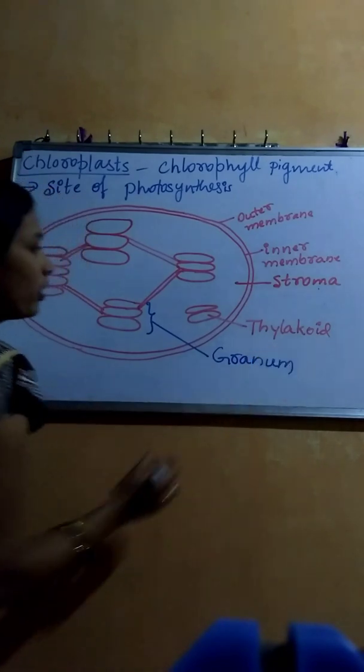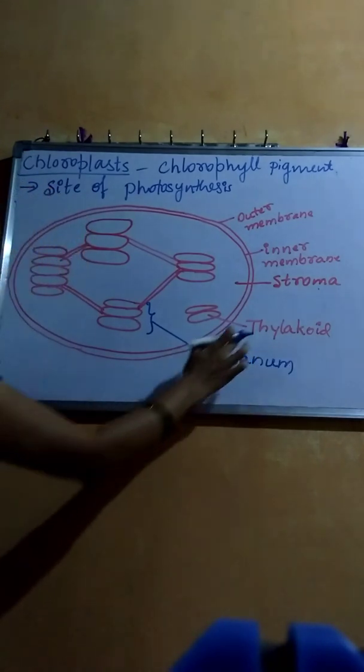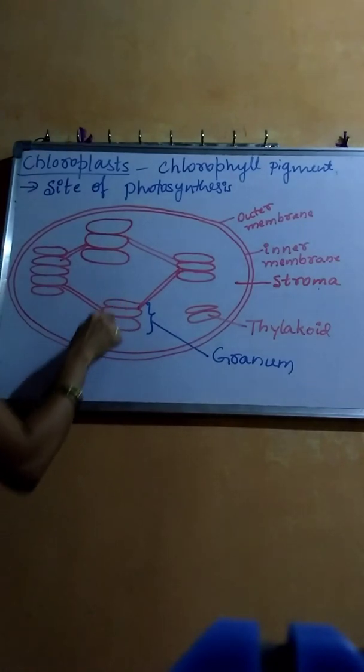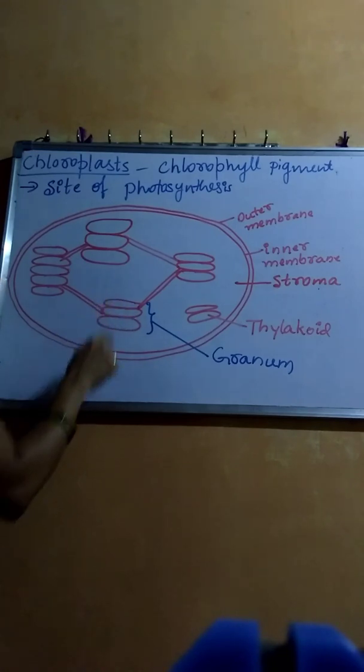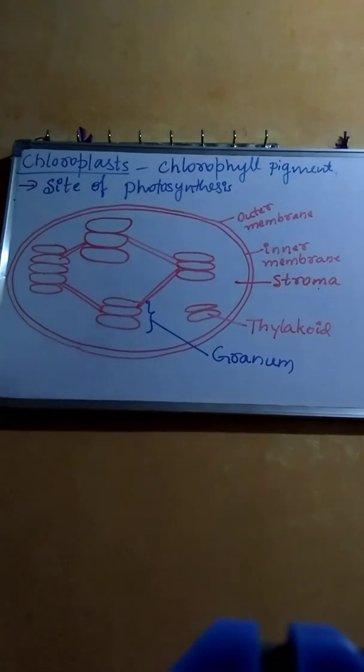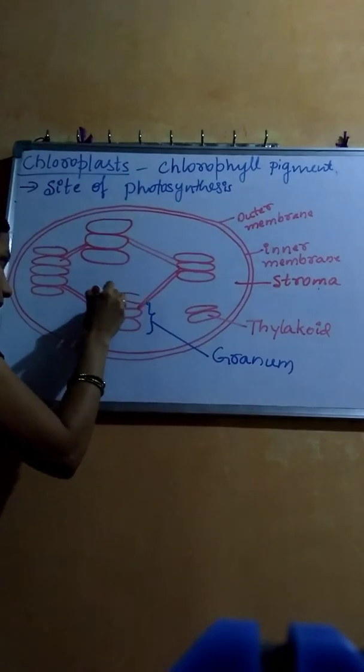Singular granum, plural grana. Thylakoids are the membrane bound flattened sacs. Many thylakoids are arranged one above the other like this.